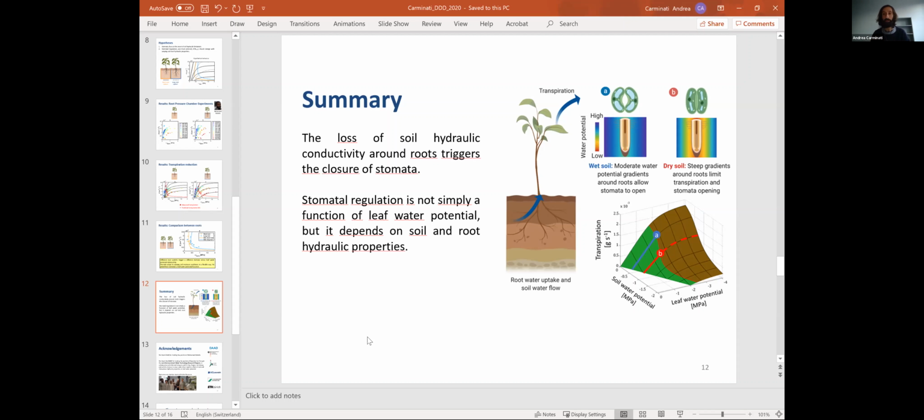This may also explain, or help link, the results that we showed now and the one that we saw before with Nimrod. So yes, I think there is an additional temporal scale and an additional coordination between above and below ground that I didn't talk about, and actually I don't know it.